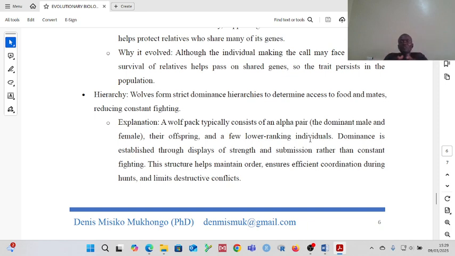So that one now helps to reduce the need to fight constantly. Okay? And by doing that, it now enhances the level of coordination. And the conflicts that will have resulted, such conflicts will have led to a lot of destruction. Because fighting is expensive in terms of energy you are using and the injuries that might come from the fighting. Okay.